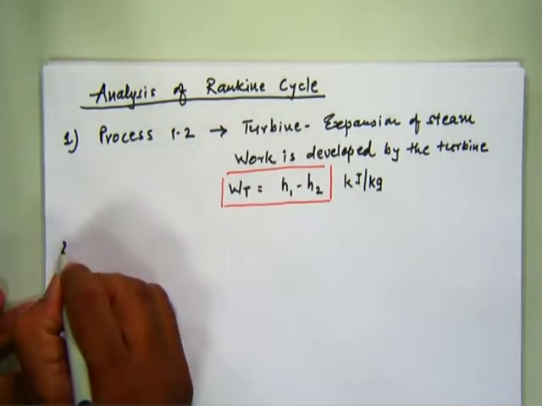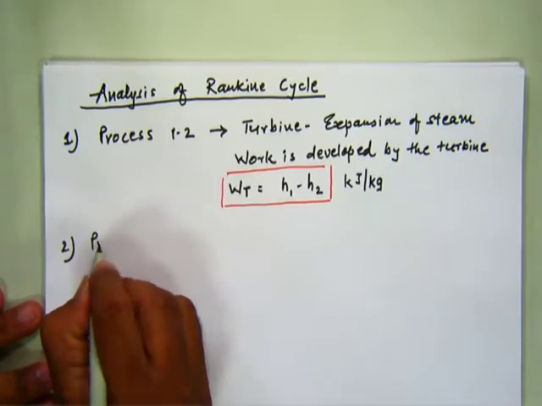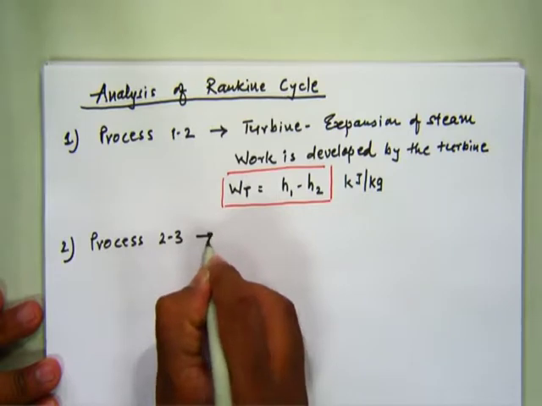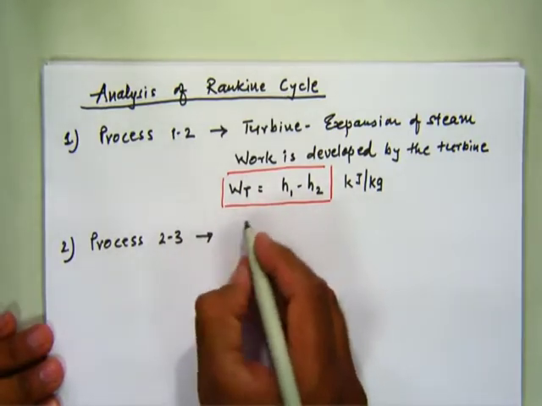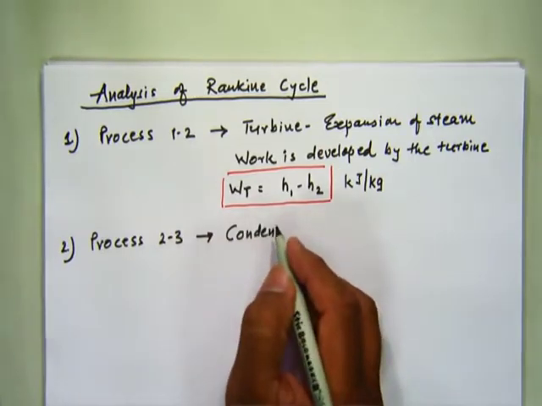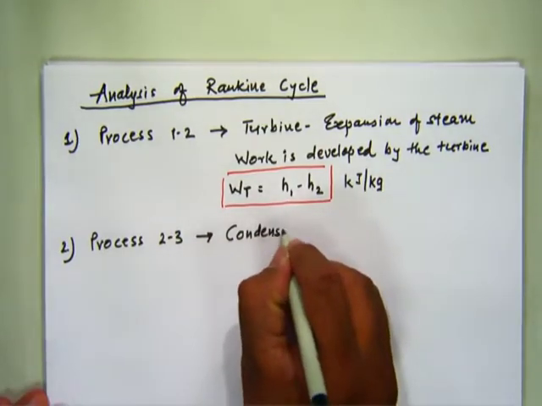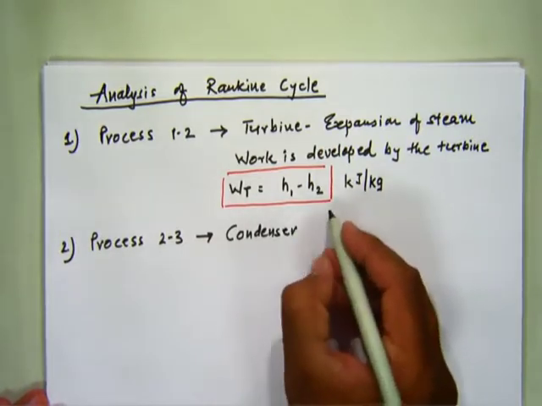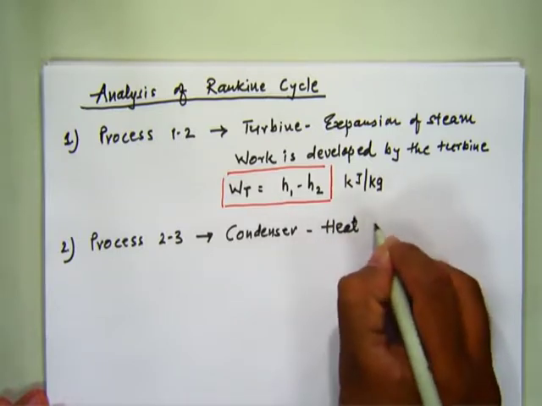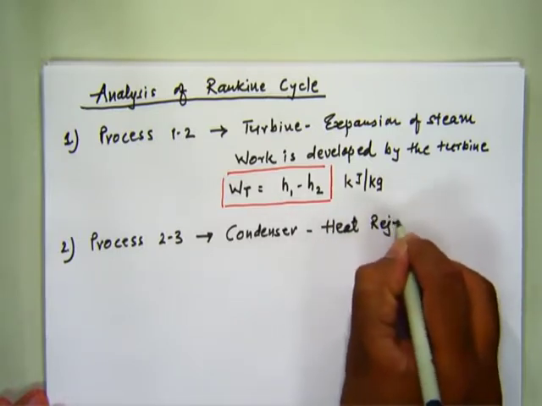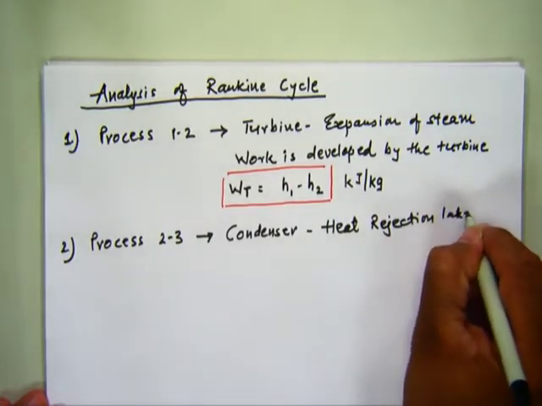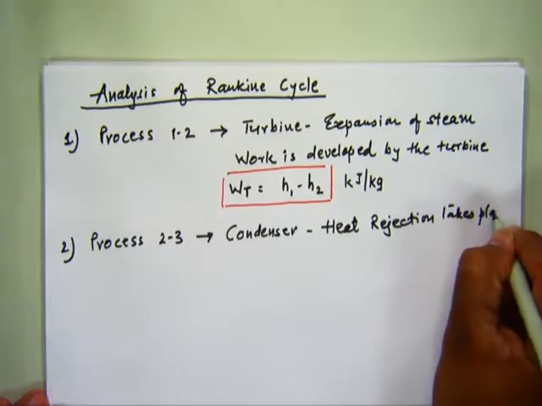Then process 2-3 occurs, happens in condenser. What happened in condenser? Heat rejection takes place.